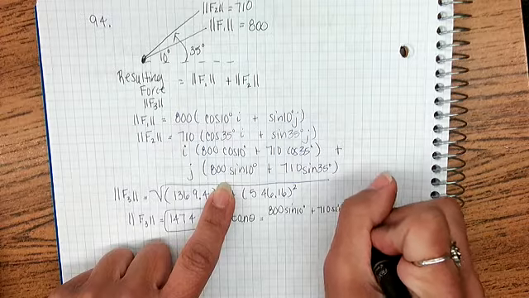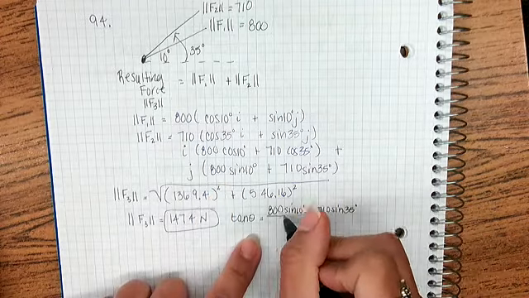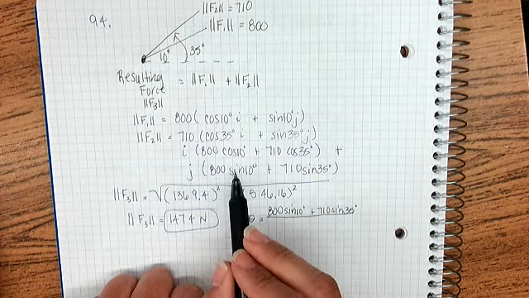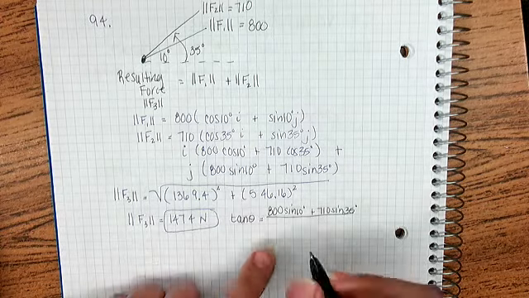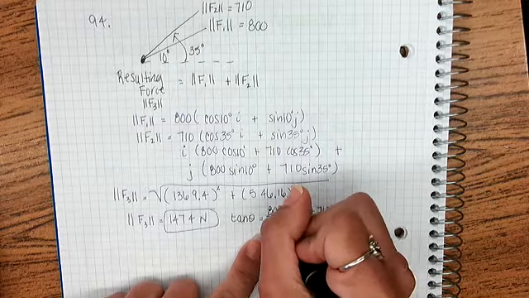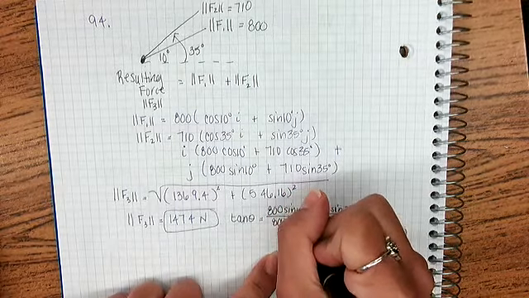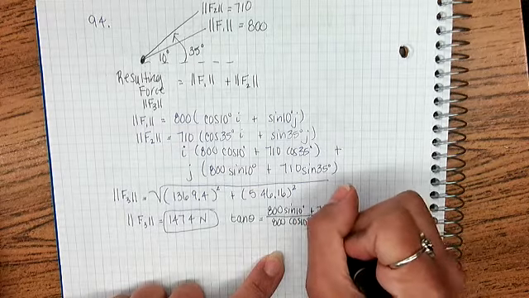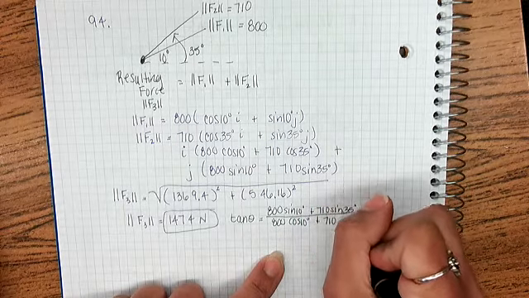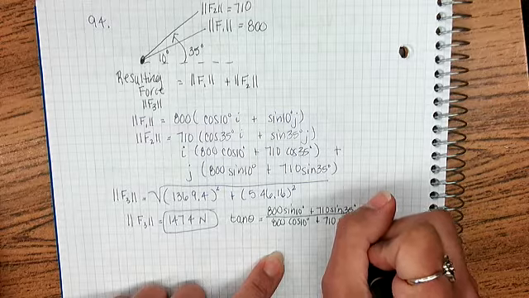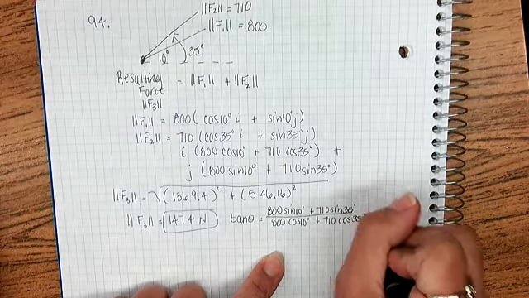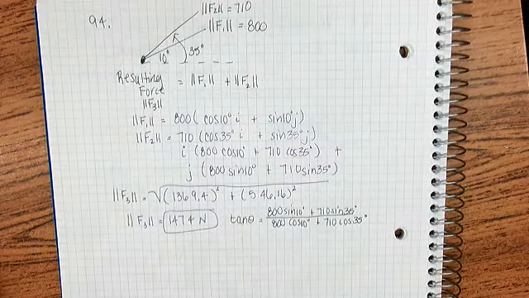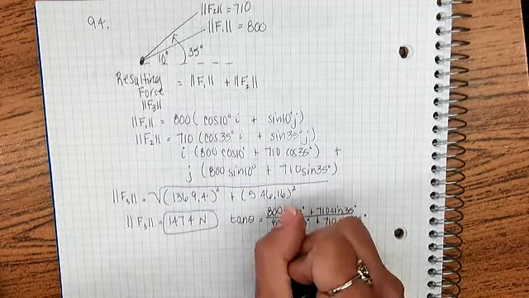Remember, tangent is the sine over the cosine. So I'm using the sine component, the J component, and the cosine is the I component. 1.9 degrees.